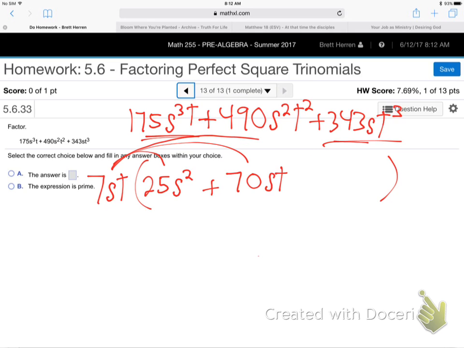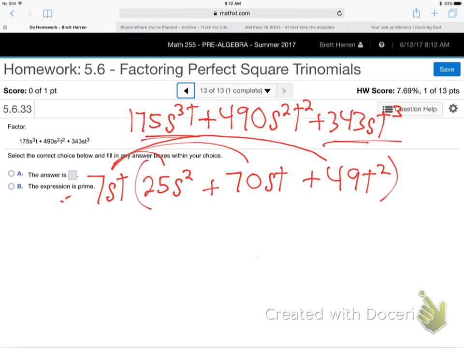And then for the third one, 49 T squared, right? We all good to there? Now, can you take it from there?